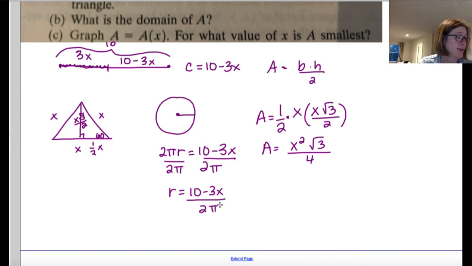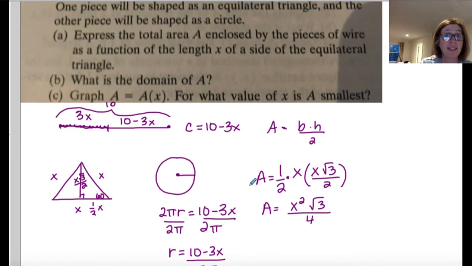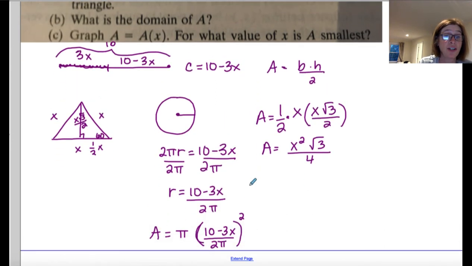Okay, so now I can find the area. The area would be pi r squared: pi times 10 minus 3x all over 2 pi, squared. It wants the area enclosed by the figure, so we'd add those two areas together.